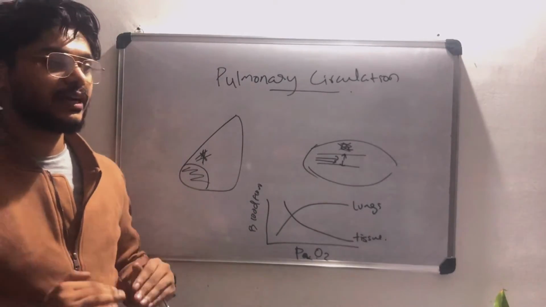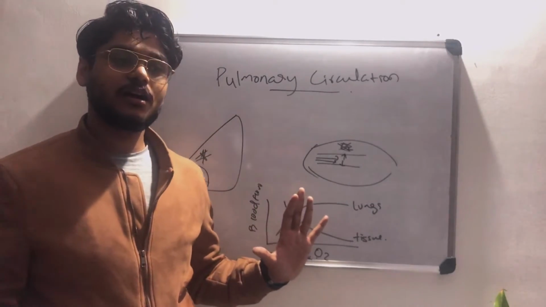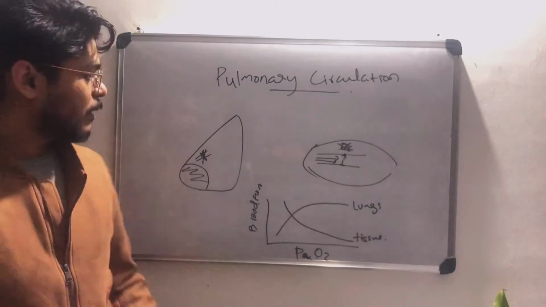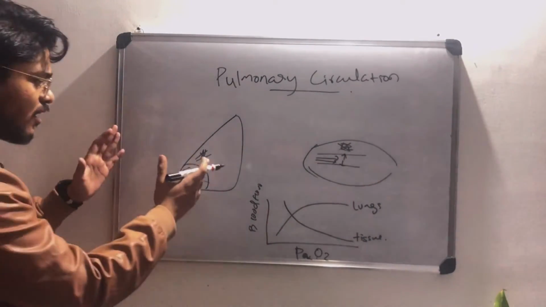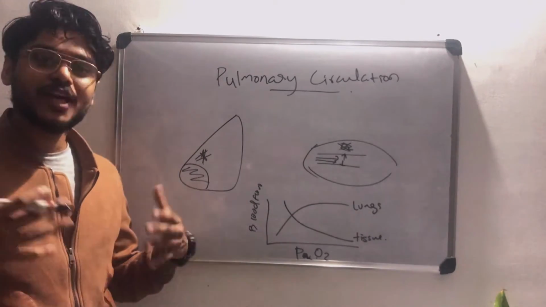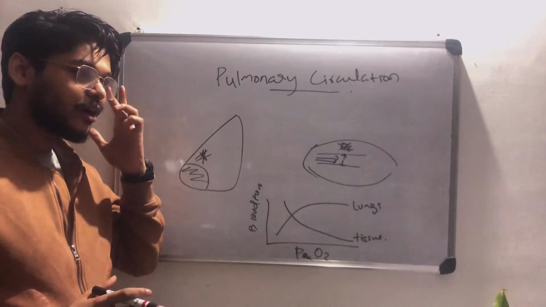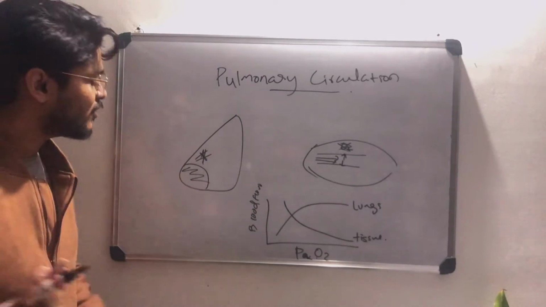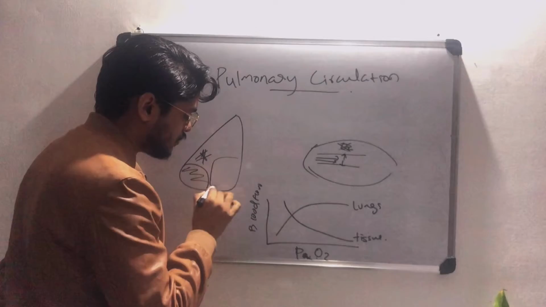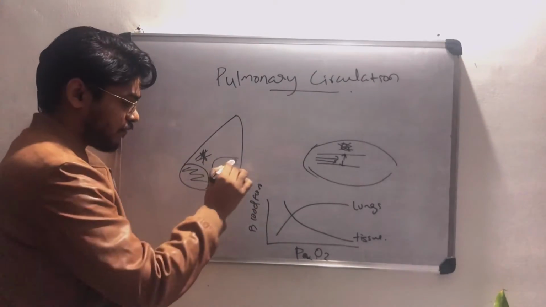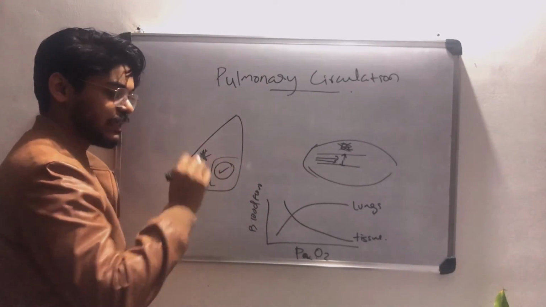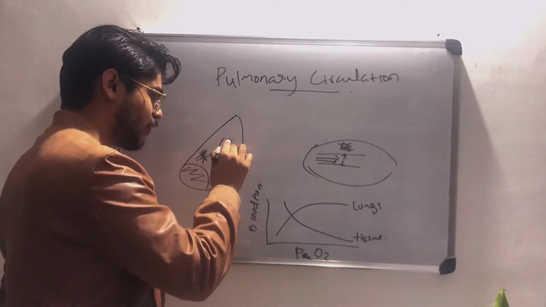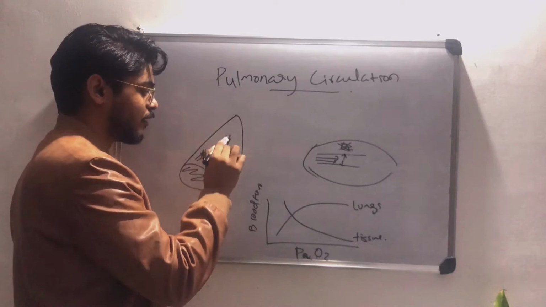So that's what happens normally in every tissue. Tissues are very kind-hearted. If we see any decrease in PaO2, we are like, okay, let me give you O2. But lungs are not like that. Lungs are VIP people. If you have hypoxia, they don't allow you into the party. If the place is well ventilated, if there is enough PaO2, then that area will be provided with blood supply.